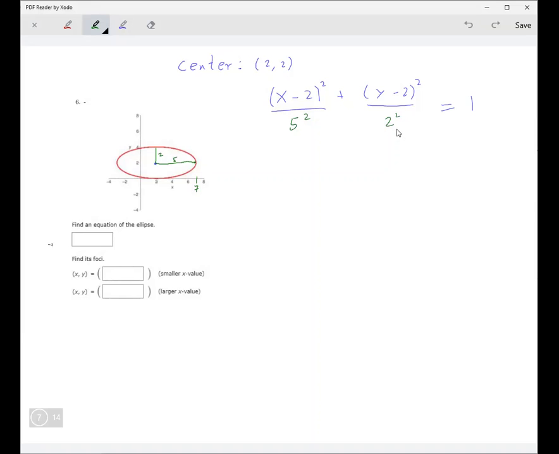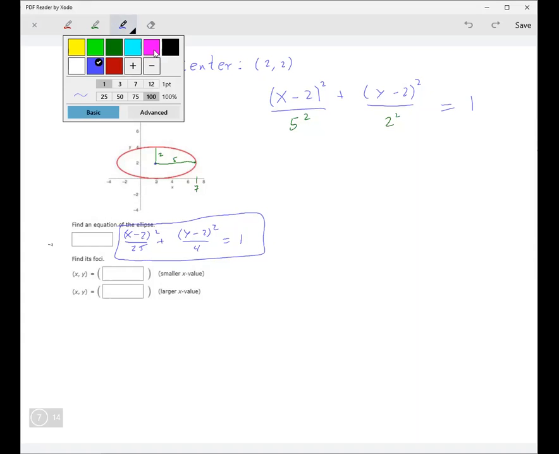And that should work. So when you write the equation down, it would be more like this. Okay, so there we go. Just looking at the graph, we can tell what the equation is.